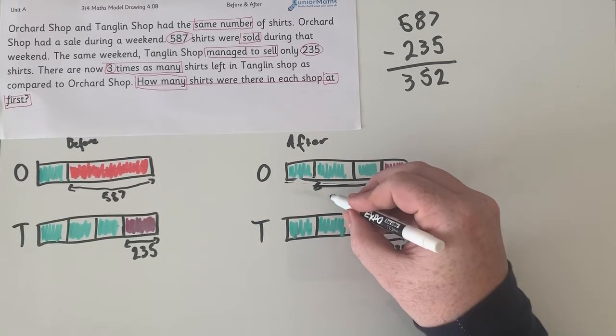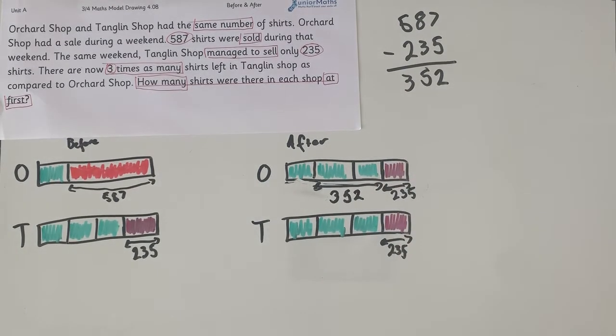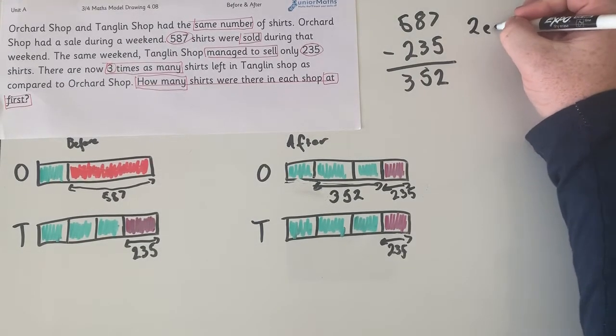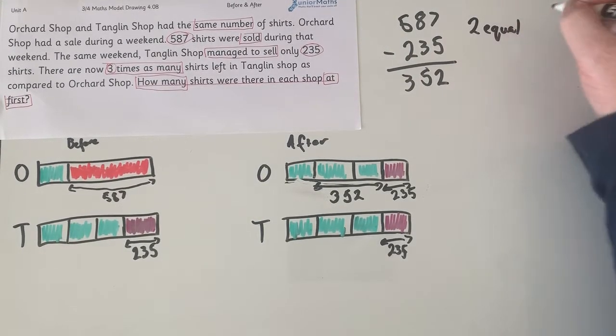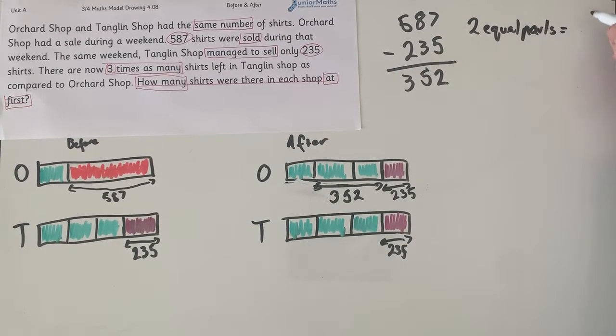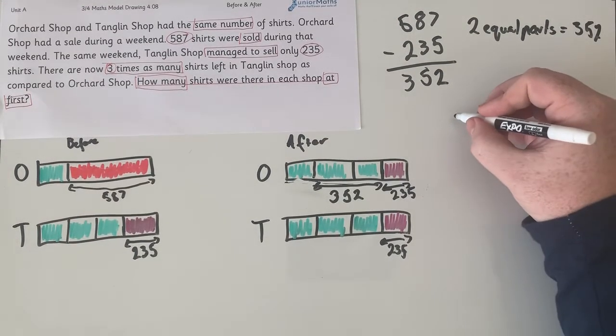Equals 352. So 2 equal parts equals 352.